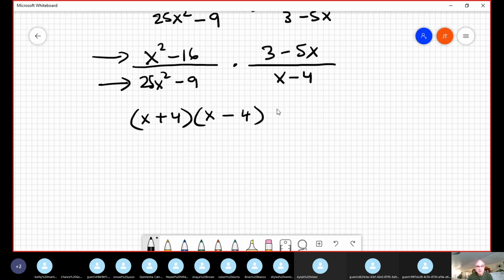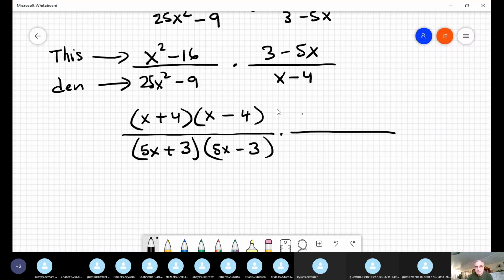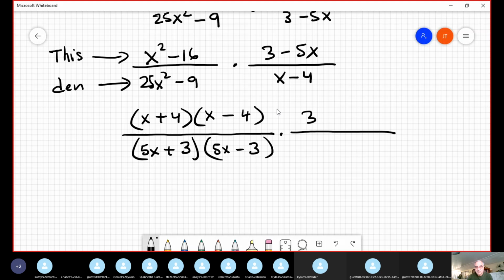This is the factorization. Now the bottom, the denominator, is another difference of squares. The square root of 25x squared is 5x and the square root of 9 is 3. So 3 plus 5x times 3 minus 5x, and x minus 4.